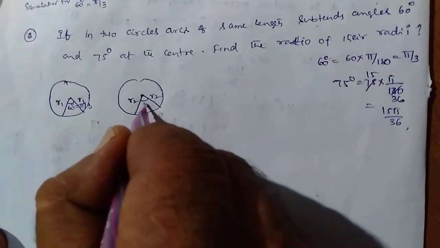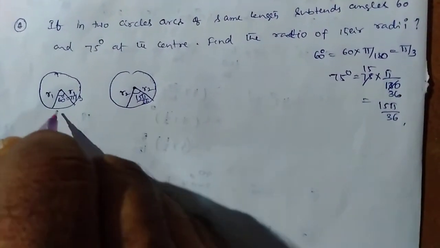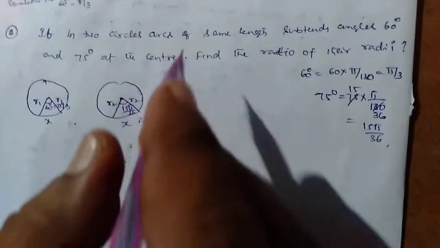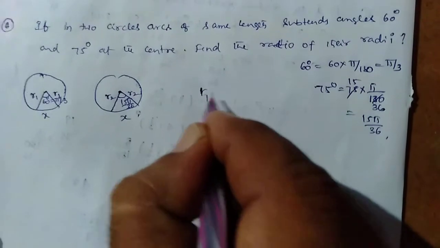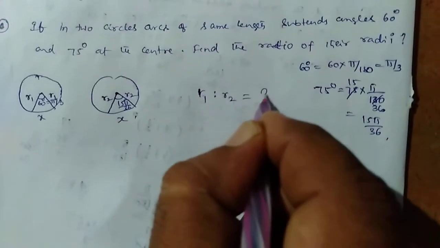Here the angle is 5 pi by 12, and arcs of same length. We have to find r1 is to r2 is equal to how much? That is our requirement.